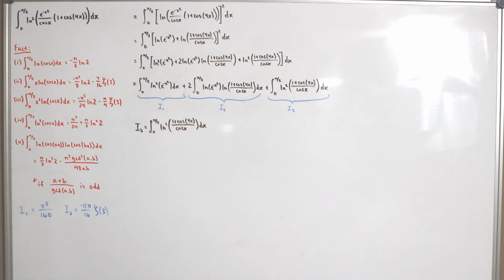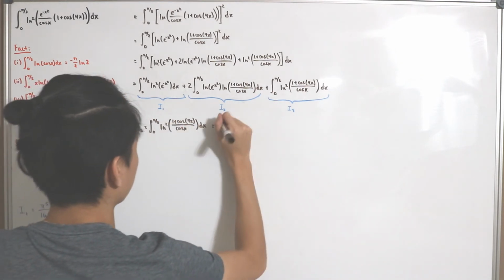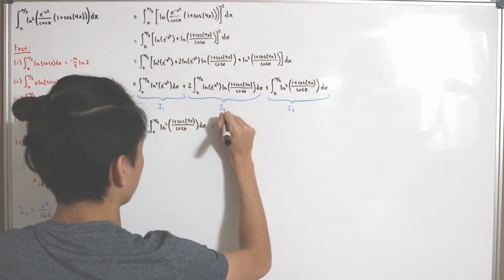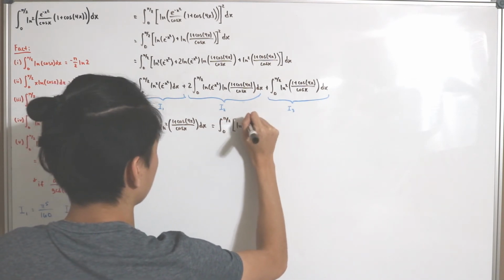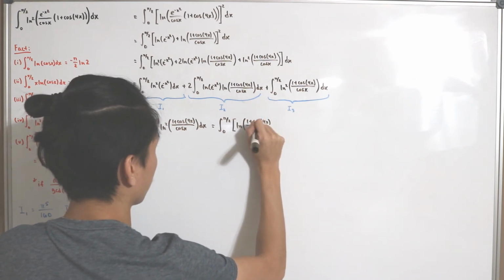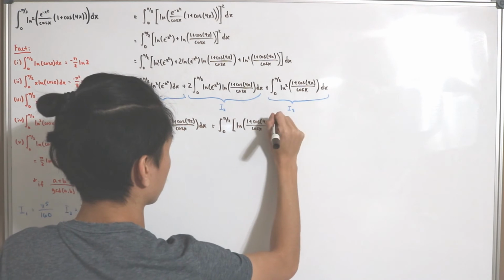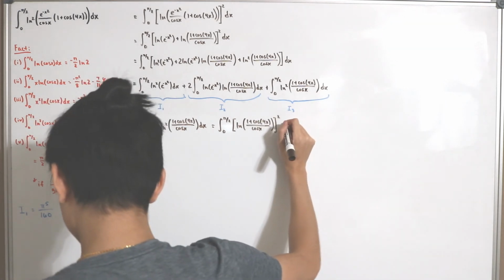Okay, now same thing, because there's a square, I can rewrite this as natural log of 1 plus cosine 4x divided by cosine x, squared.